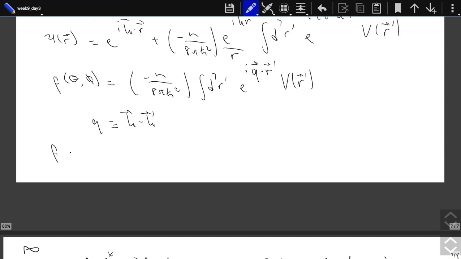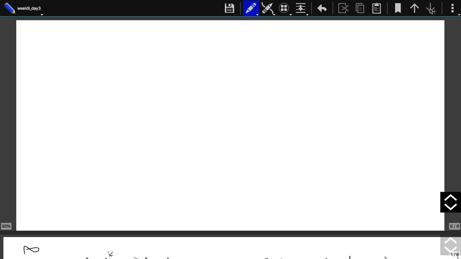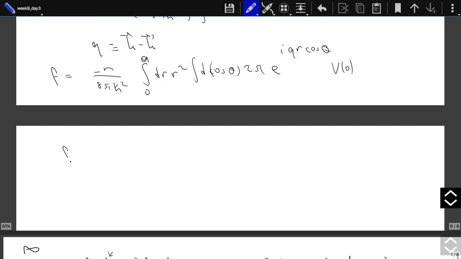So f is equal to minus m over 8 pi h bar squared, integral dr r squared, where r goes from 0 to a. Then we have the cosine theta integral. The phi integral just brings me a factor of 2 pi, and e to the power i q r cosine theta, V0. So minus m over 8 pi h bar squared, from 0 to a, dr r squared 2 pi.